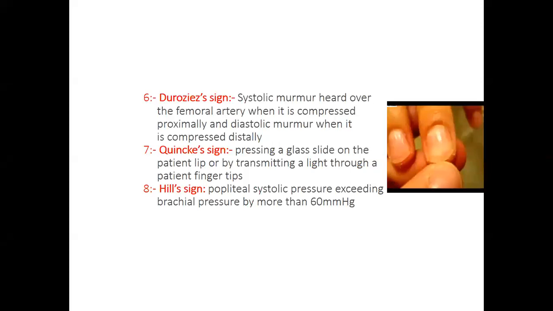And another sign is Hill's sign. Actually, this is not a pulse or anything you can palpate over the artery, but it is the pressure taken from the lower limb.